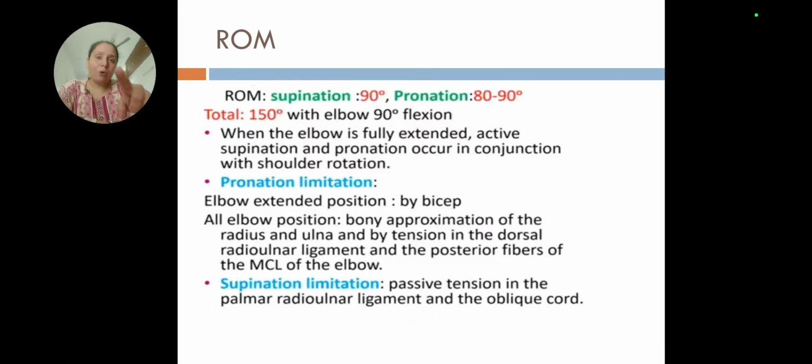So I am already covering everything over here: the factors limiting, what is osteokinematics, what is arthrokinematics, what type of motion. You need to tell me about the osteo motion, that is, the pronation and supination and the range. Then you have to tell me in which axis and which plane it is happening, and what kind of joint it is.